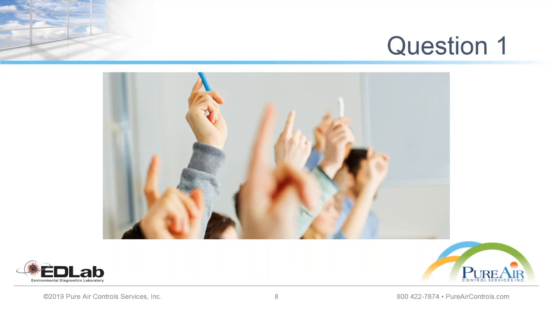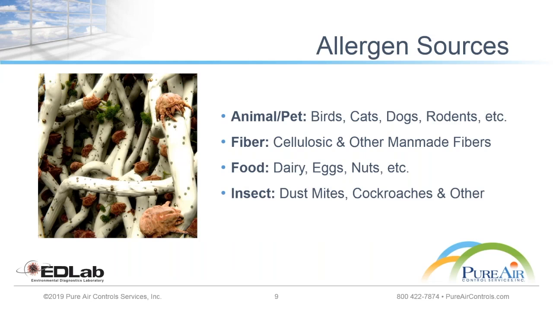And now we'll talk a little bit more in depth about allergen sources. So what are the sources of these allergens that we can find not only in a building, but maybe outside or in our homes? Exactly, because sitting here in the laboratory, we get a lot of customers simply asking, hey, where are these allergies coming from?